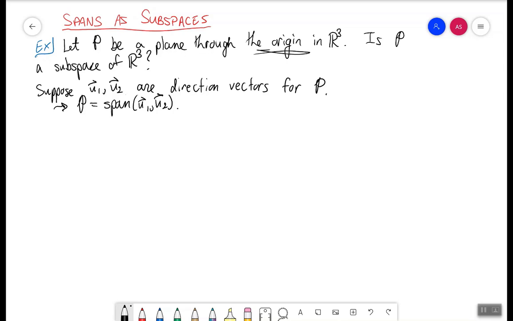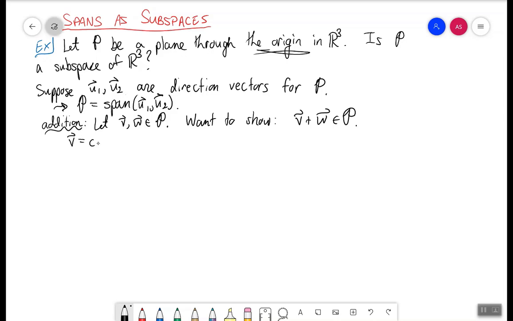Let's now check: is this closed under vector addition? Let V and W be in P. We want to show that V plus W is still in P. We can use the fact that both V and W are in P and that P can be written as the span of U1 and U2 to help us.